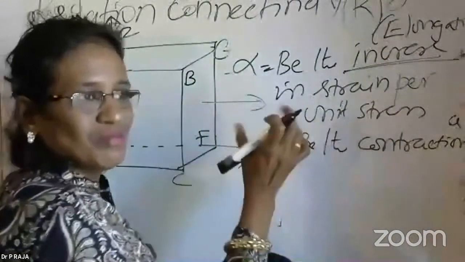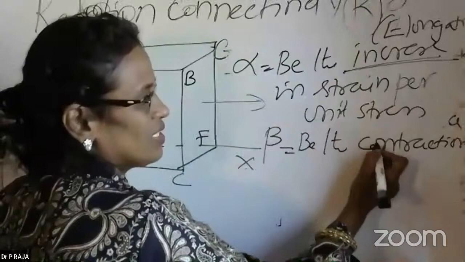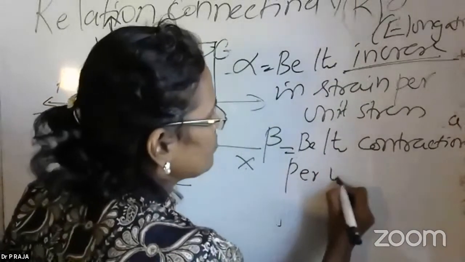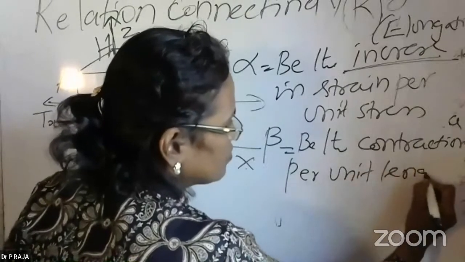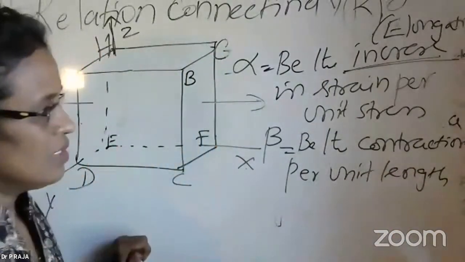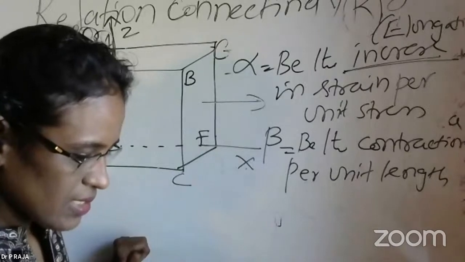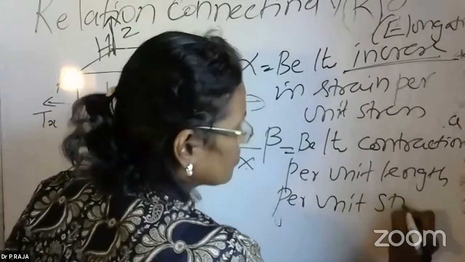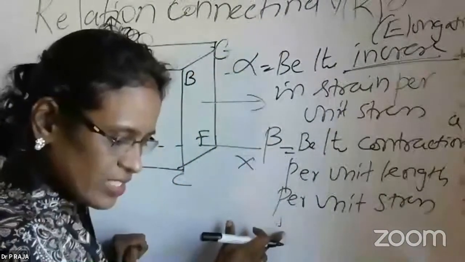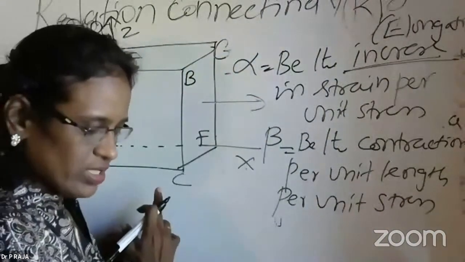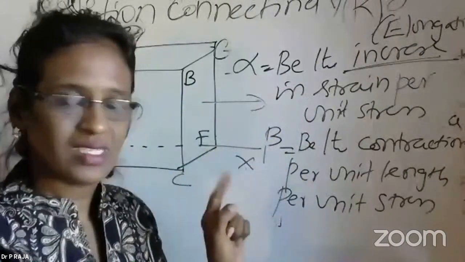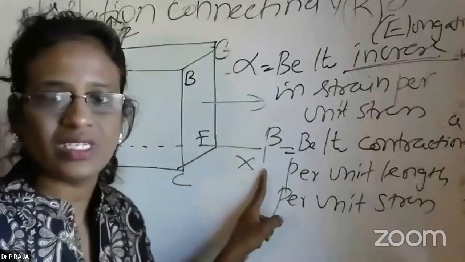Contraction will always be negative, isn't it? Contraction happening per unit length, per unit stress, in a direction perpendicular to the direction of the stress. Beta and alpha have a directional difference; they are perpendicular to each other. Keep that in mind.